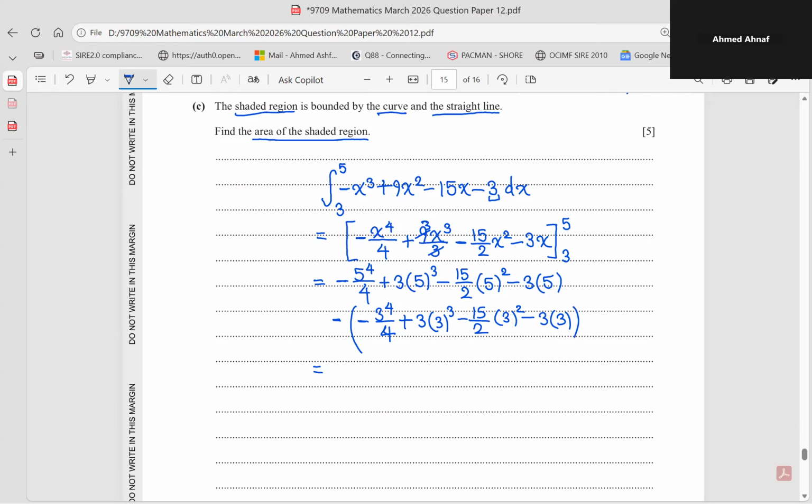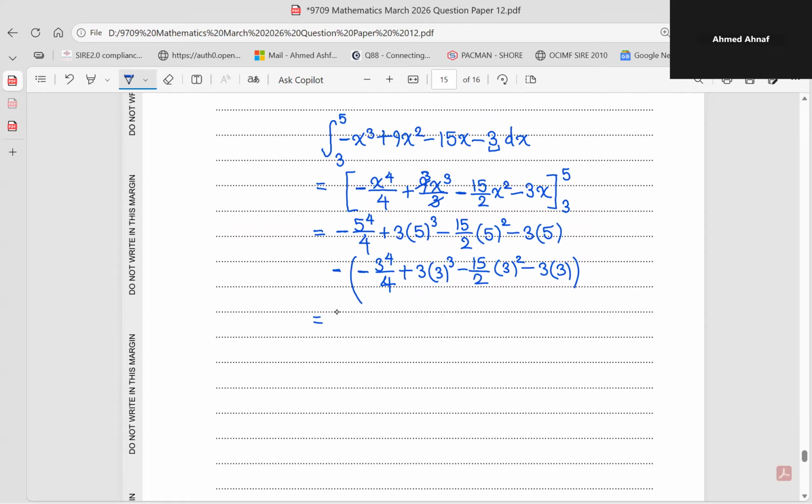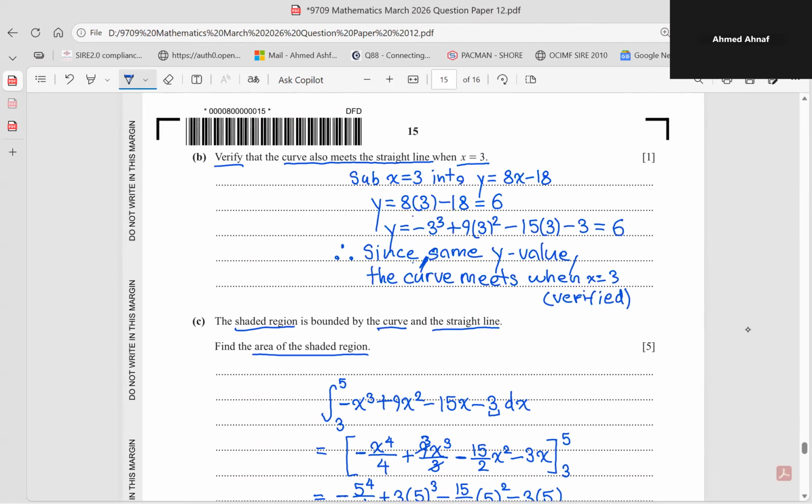Okay, and then minus negative 3 to the power 4 over 4 plus 3 times 3 cubed minus 15 over 2, 3 squared minus 3 times 3. Okay, yeah, so for the area under the curve, you get 32 units. My goodness. Yeah, so we're done with that.